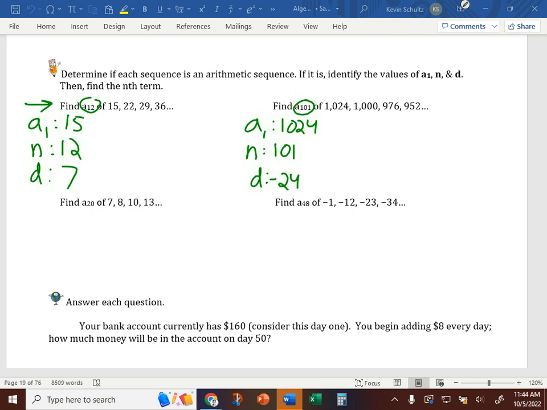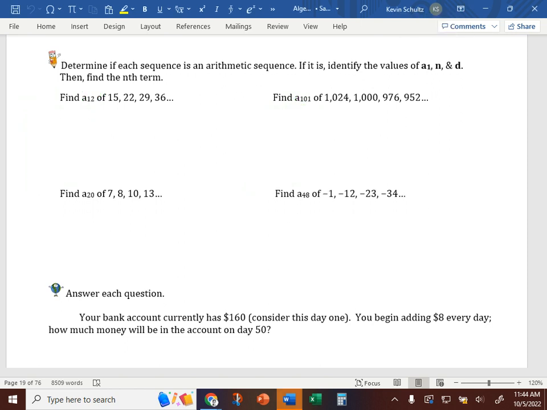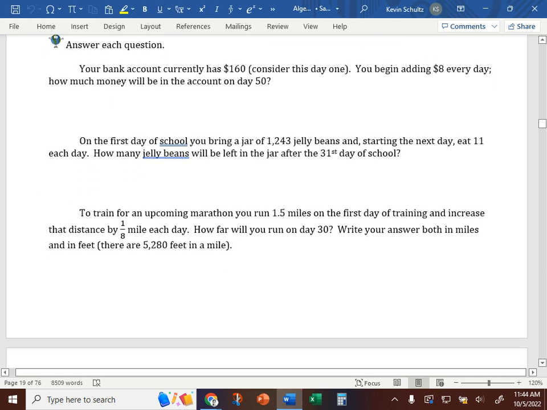In the last section, we've got some word problems to work with here. It says your bank account currently has $160 and you're considering this day 1. You begin adding $8 every day. How much money will be in the account on day 50? Now, even if you did not study arithmetic sequences, what would you do here to solve this?